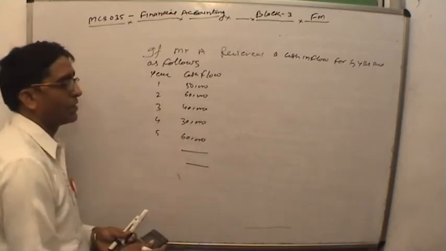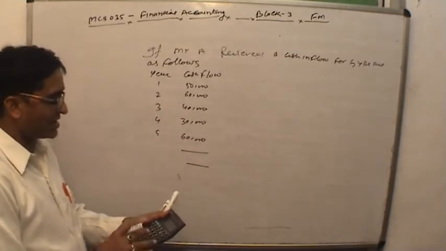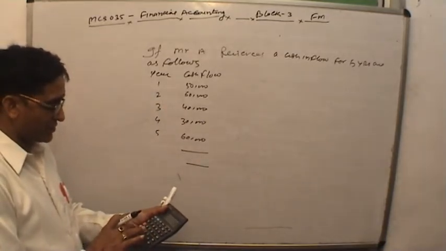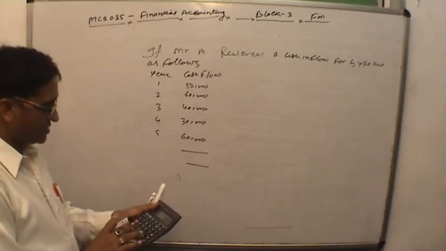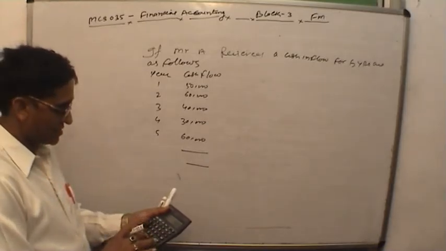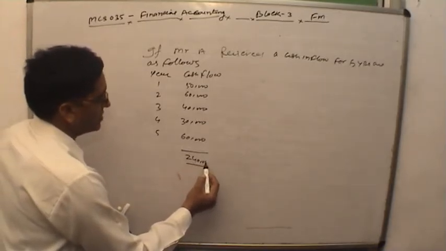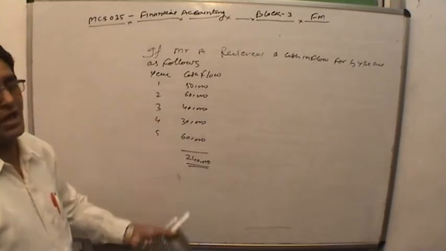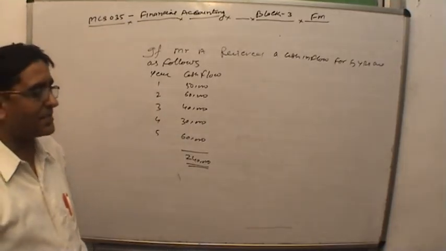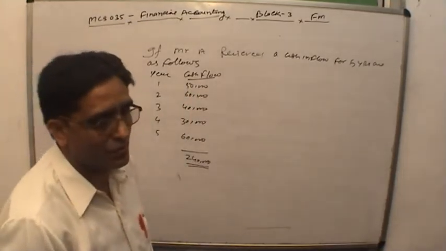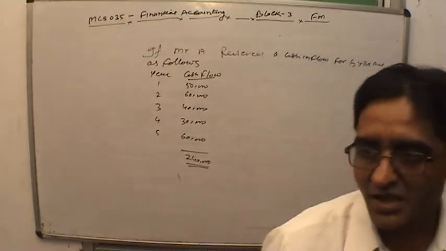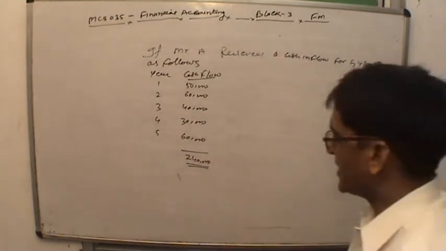This is the total of all the amounts that you get after 5 years. If we add all the amounts, in 5 years we will get rupees 2,40,000 as cash flow.